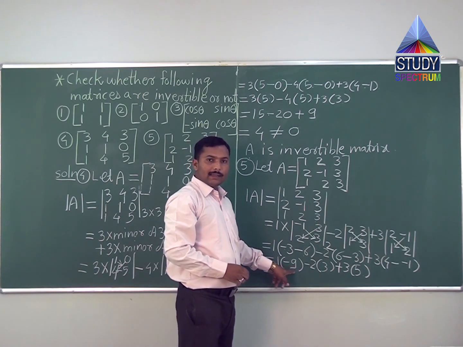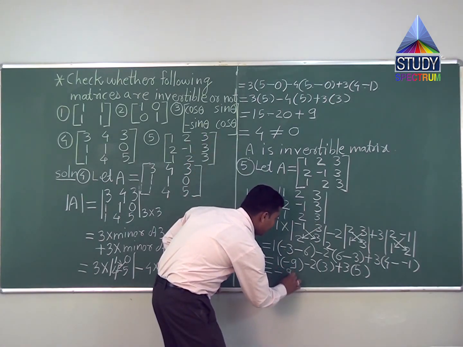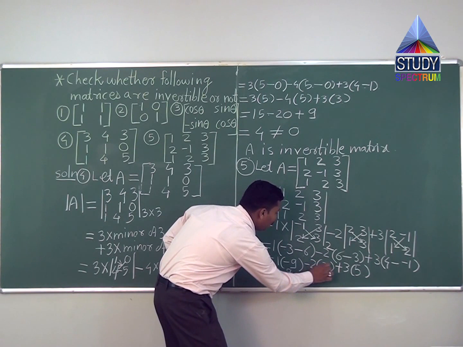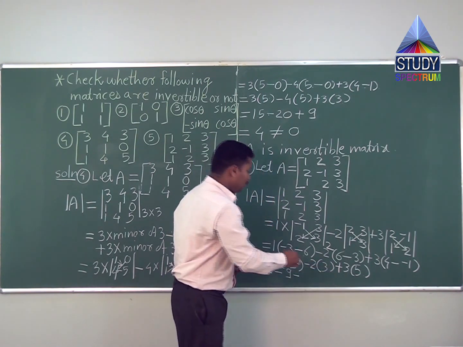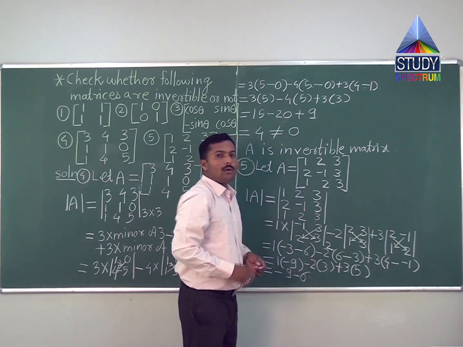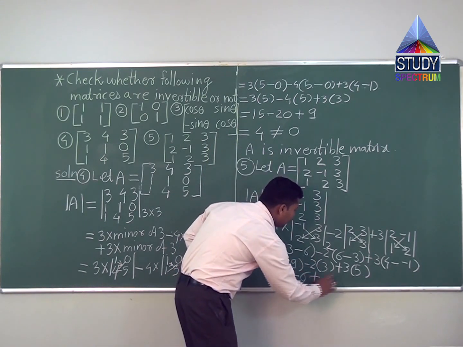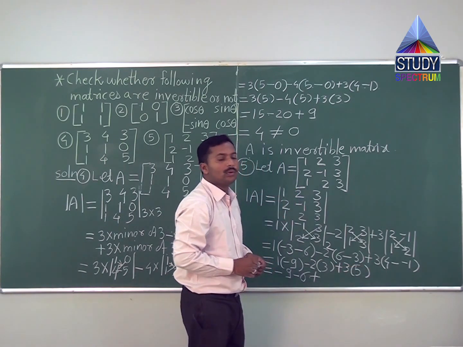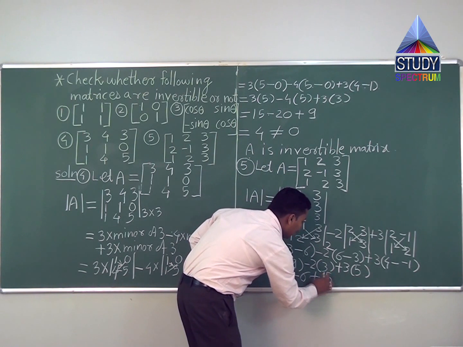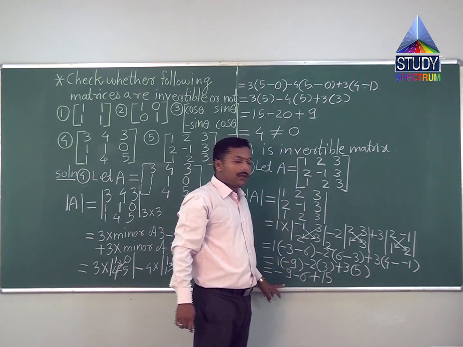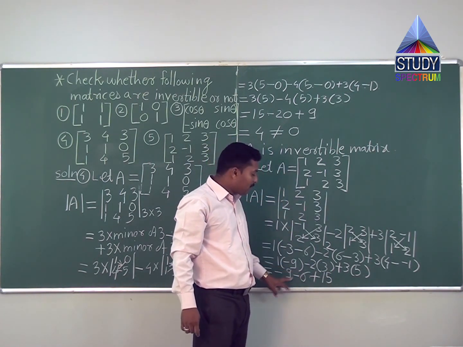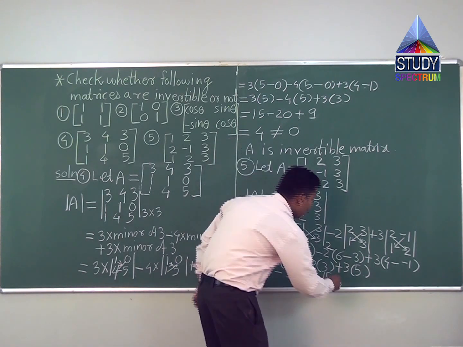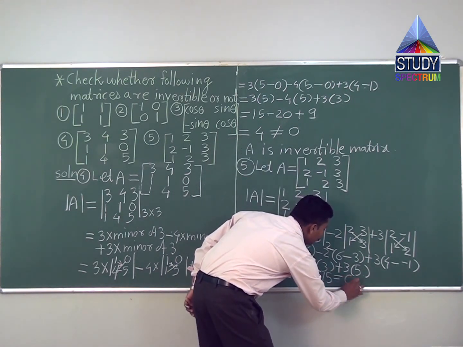Equal to 1 into minus 9, minus 9, minus 2 into 3 is 6, plus 3 into 5 is 15. Minus 15 minus 9 minus 6 means minus 15 plus 15 equals 0.